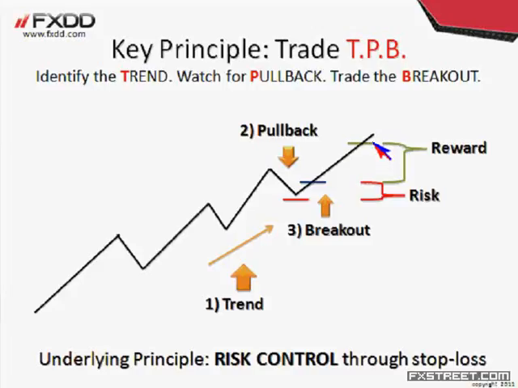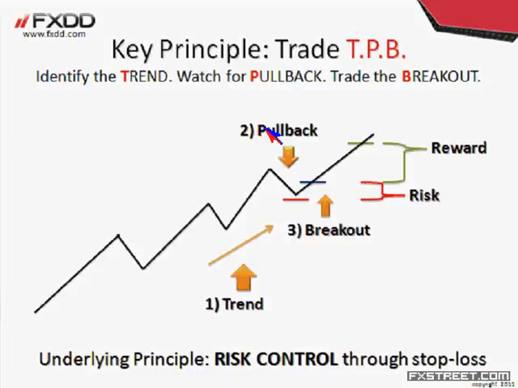And preferably in a trend following situation, you want your reward to exceed your risk. So once you have defined risk, then you could define your reward as well, and that would be your profit target. So in green up here could be your profit target. It could be 2 times, it could be 3 times, it could be 2.5 times your risk or what have you. And you want to make sure that your reward is larger than your risk.